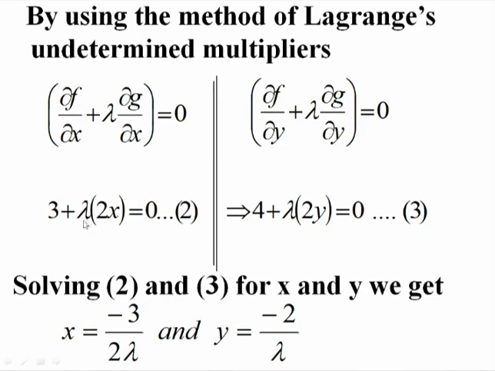So x is equal to minus 3 by 2 lambda, and from the other equation we get y is equal to minus 4 by 2 lambda. So 2 is cancelled out and we get minus 2 by lambda.